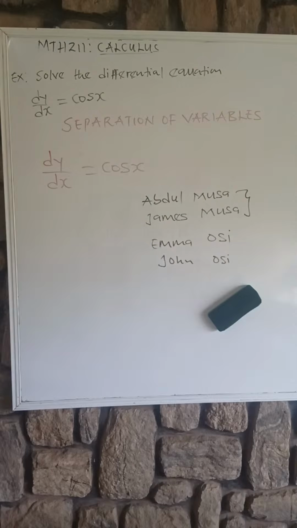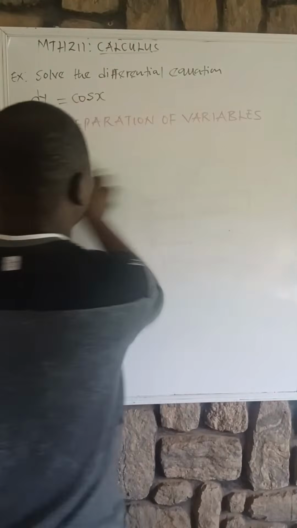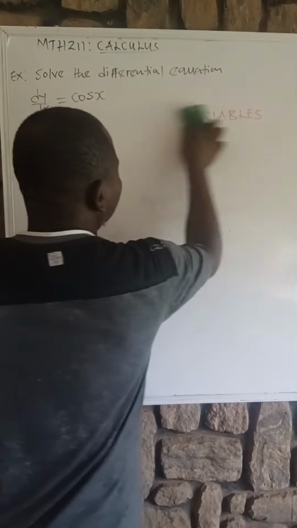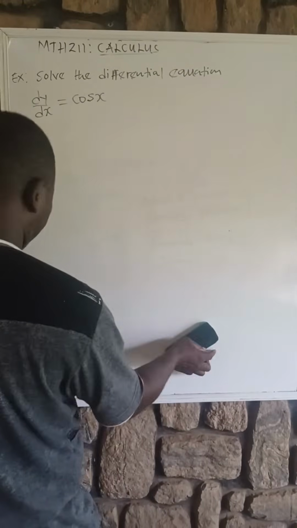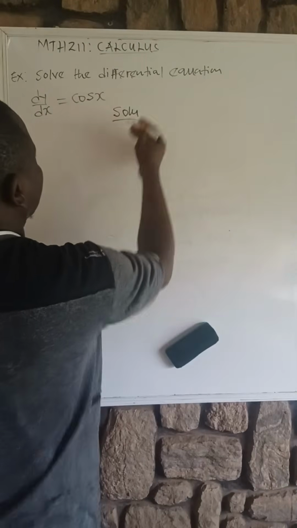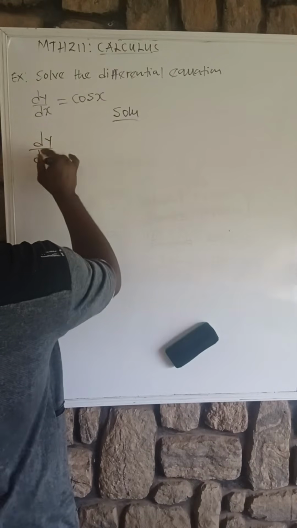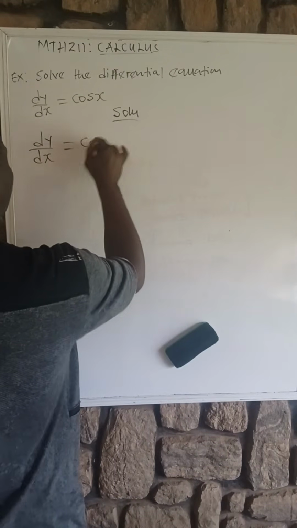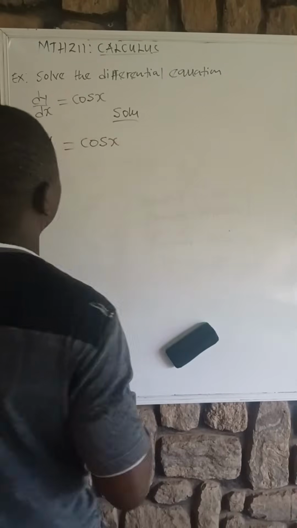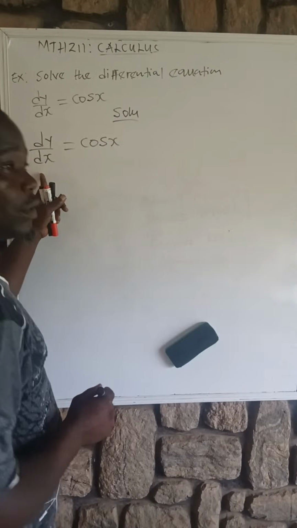So let us proceed. When you look at this, our dy over dx is equal to cos x. So we have to separate these variables.